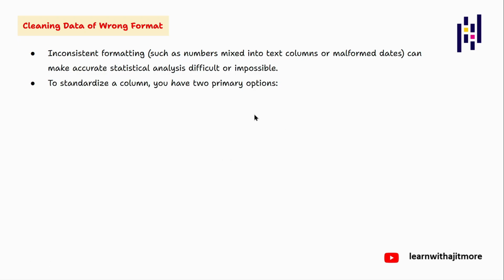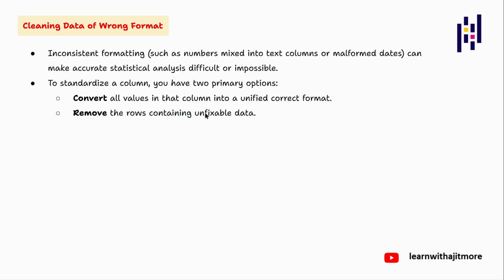So you have two primary options. One, use some formatting function and convert all values in that column into a unified correct format. For bringing them into the correct format, Pandas has given methods. Don't worry, we'll learn that. Or second, delete them: remove the row containing inflexible data.